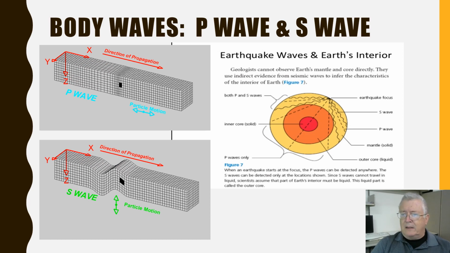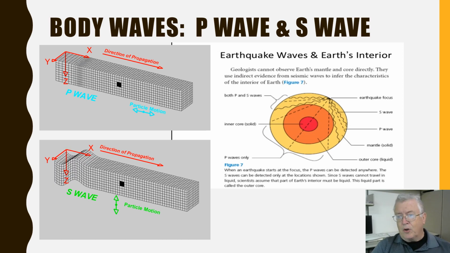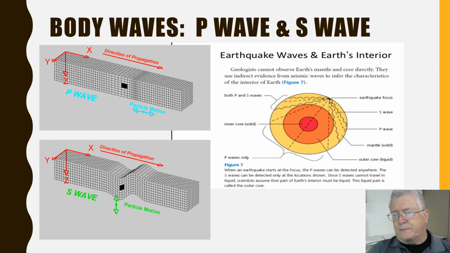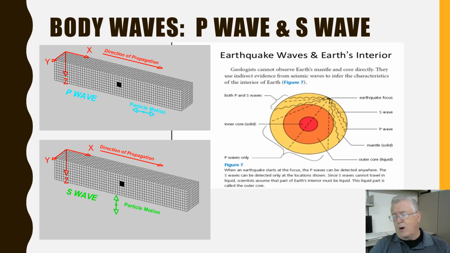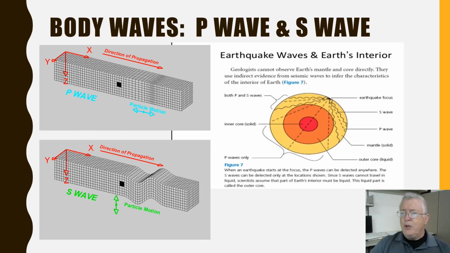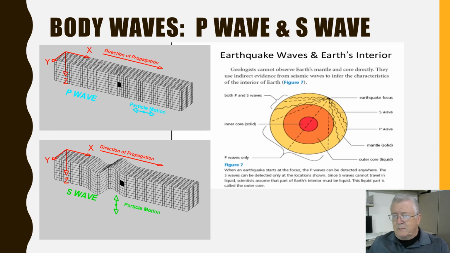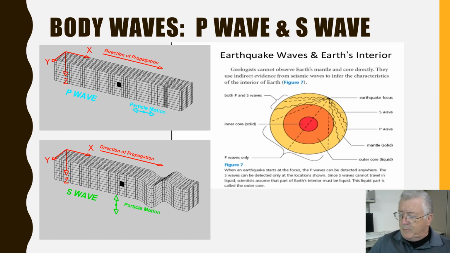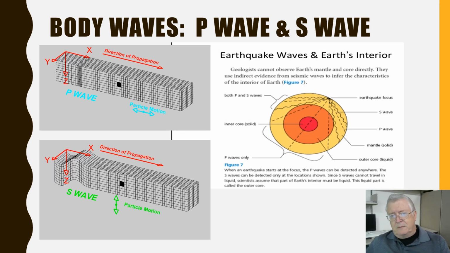So that outer core rotating against the inner core works like an electromagnet, and it produces the Earth's magnetic field, which is so important. And that comes from the makeup of the interior.